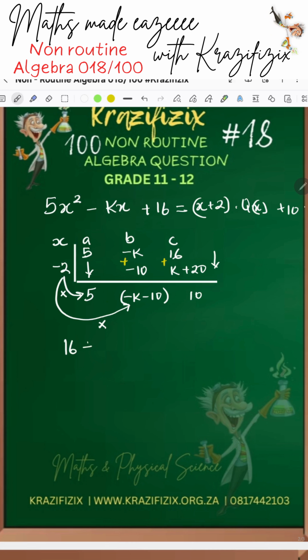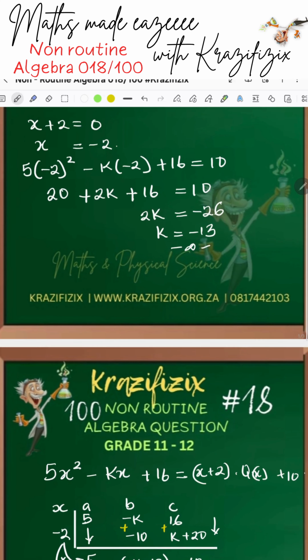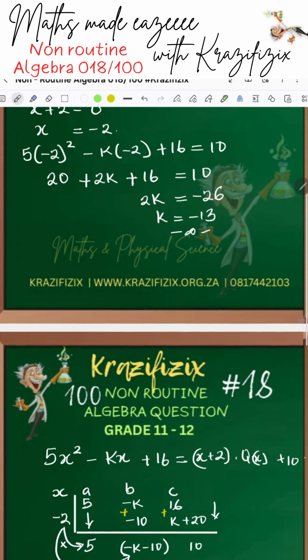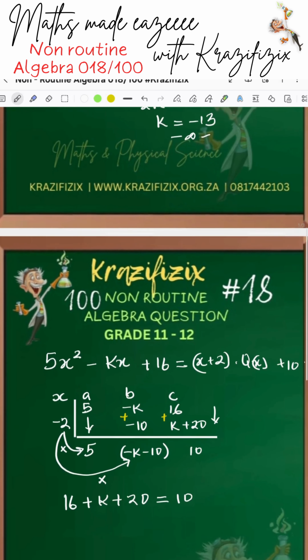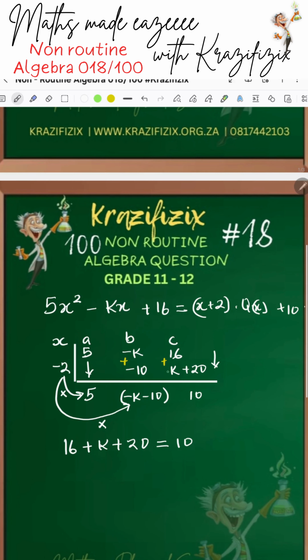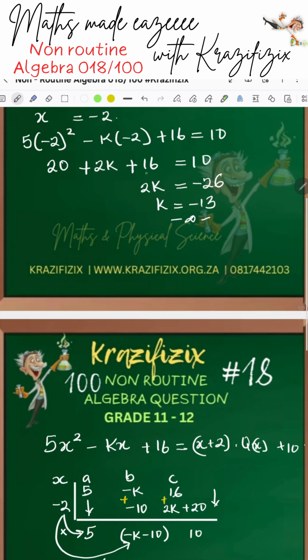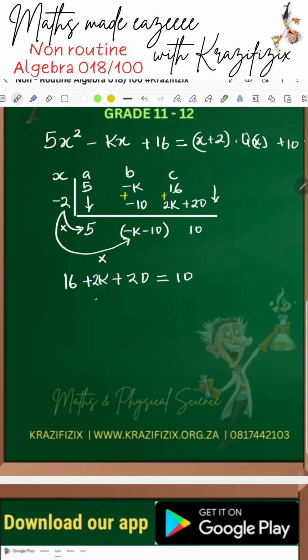So 16 plus 2k plus 20 equals to 10. Do you notice we're back here? 16 plus 2k plus 20 equals to 10. So 2k equals to negative 26 and k is negative 13.